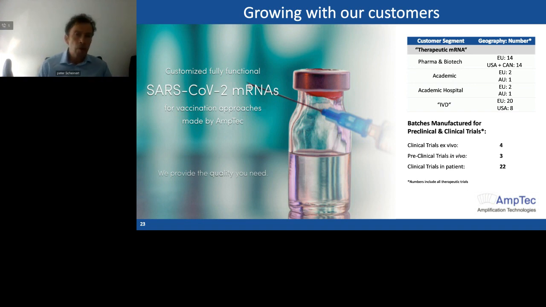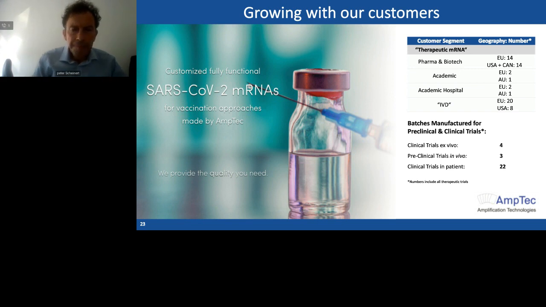We have produced approximately 22 batches right now for that purpose. I think we are at the cutting edge, and for us it was very important to have that compliance to be able to respond to customer requests asking for this very exciting new molecule of mRNAs for applications as you've seen before.